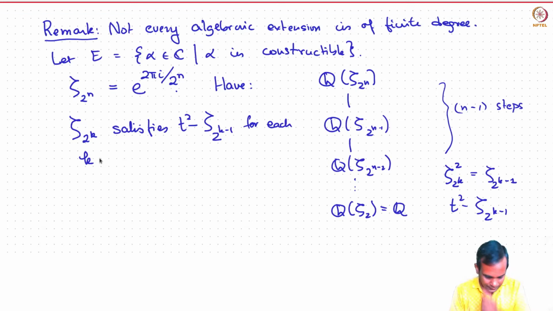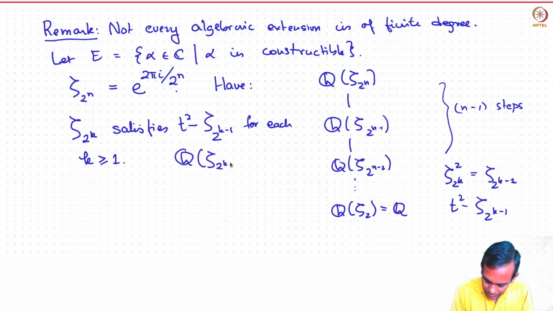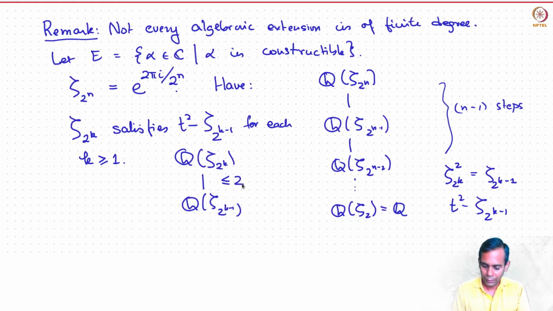So what that means is that this extension Q(zeta_{2^k}) over Q(zeta_{2^(k-1)}) has degree less than or equal to 2. Okay, so this has degree less than or equal to 2, this has degree less than or equal to 2, and so on.